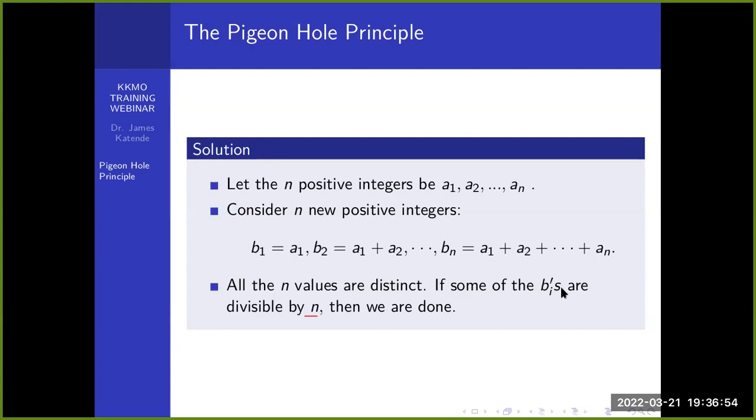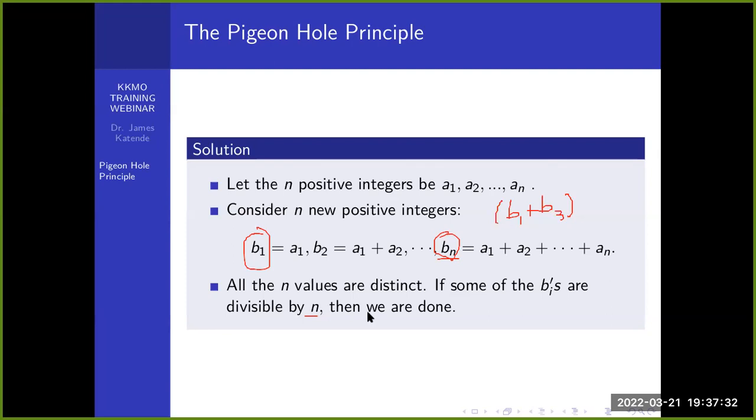So if any of these numbers in here are divisible by n, then my work is done, because a single B is already the sum of a subset. And if two of them, for instance B1 and B3, are divisible by n, if I add them, I get a new number which is divisible by n.